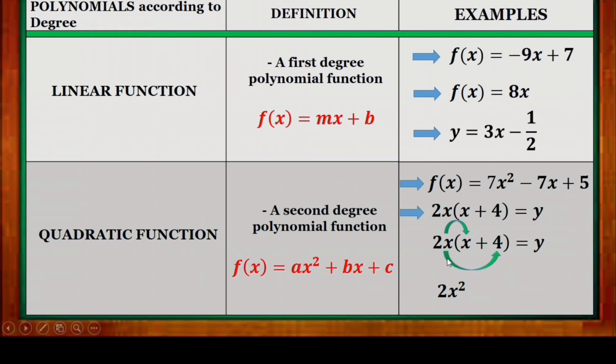We have 2x times 4 is positive 8x. Then copy equals y. So, ito na ang ating function. Ngayon, we have 2x squared plus 8x equals y. And we can say that this is an example of quadratic function because it has the highest exponent 2.